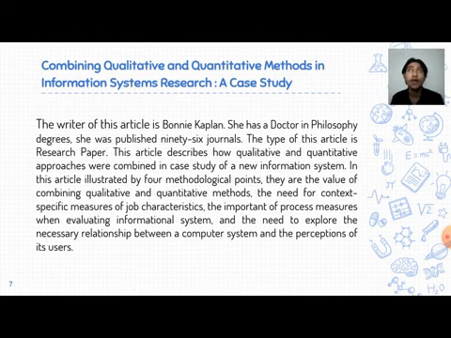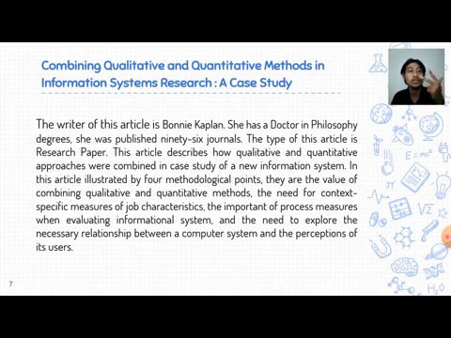This article describes how qualitative and quantitative approaches were combined in a case study of a new information system. This article is illustrated by 4 methodological points. There are the value of combining qualitative and quantitative methods, the need for context-specific measures for job characteristics.